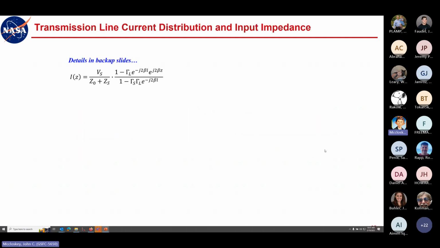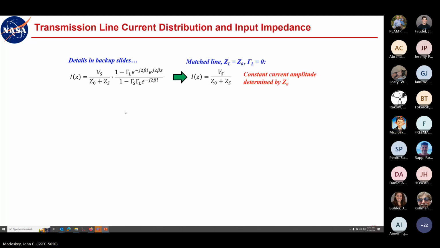So I've got a lot of math here. I think I will leave this to peruse when you look at the charts, if you are a fellow mathicist like me. But if you work through the math, you get a very complex expression for the current along the line as a function of position, as a function of Z. But you have these reflection coefficients in there.